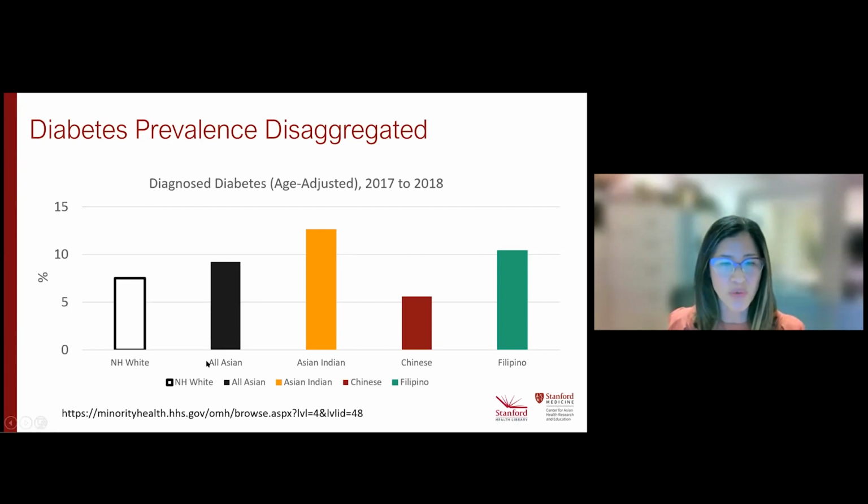And again, you will see that in Asian Americans, diagnosed diabetes prevalence is higher compared to non-Hispanic white populations. But when you disaggregate the data, a common trend that we see is that the prevalence of diabetes is highest in Asian Indians in America, as well as Filipinos in America.